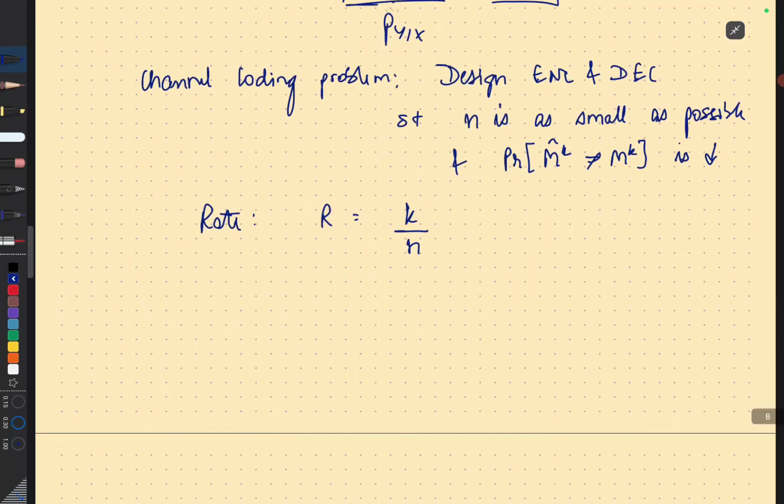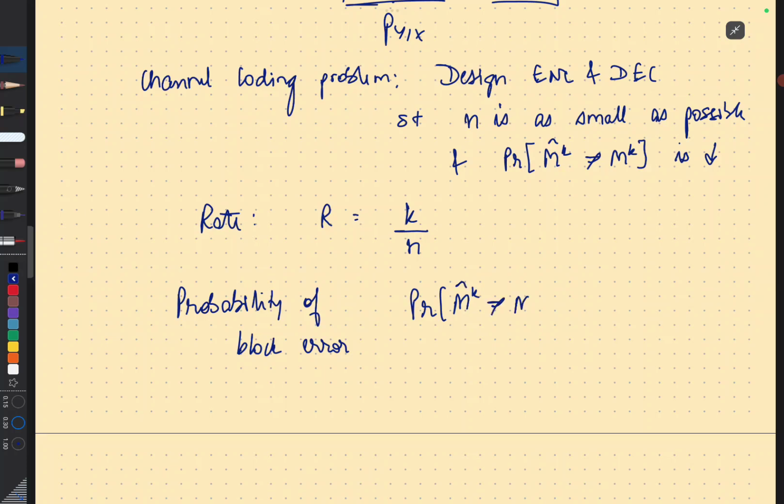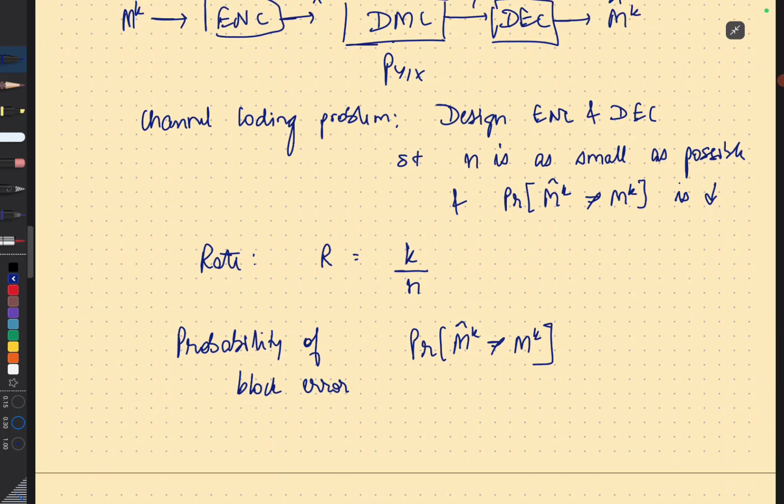And we'll define the probability of error, sometimes also called the probability of block error, which is the probability that M_k hat is not equal to M_k.